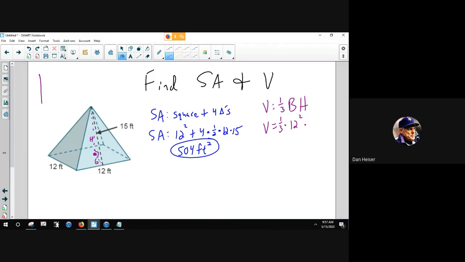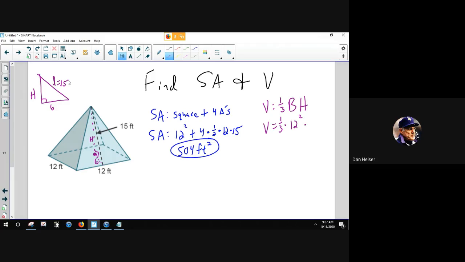Here's essentially what we have. There's the length along the floor, which is half the length of the square. Here's our vertical height, and here is our slant height of 15.